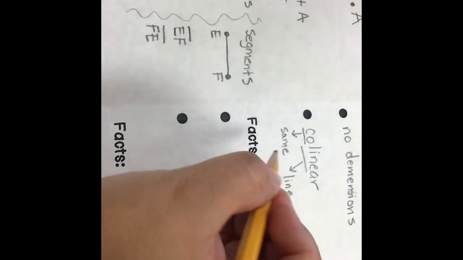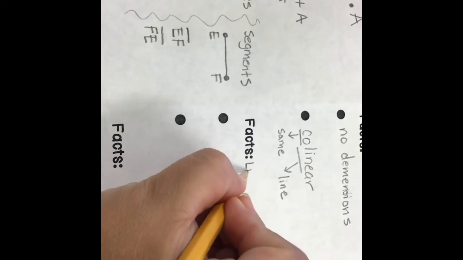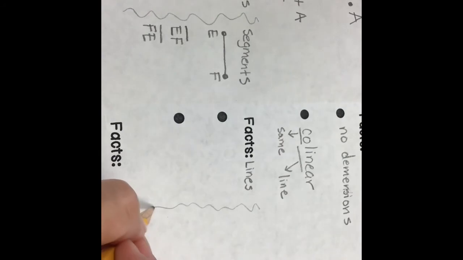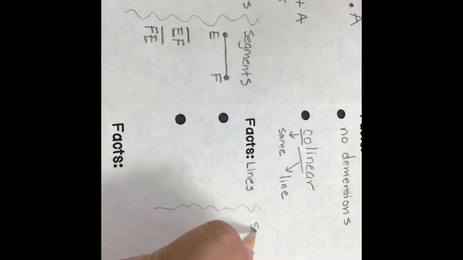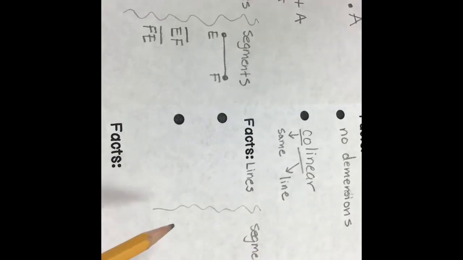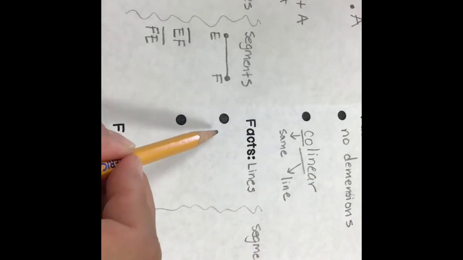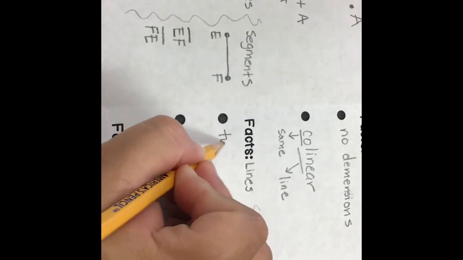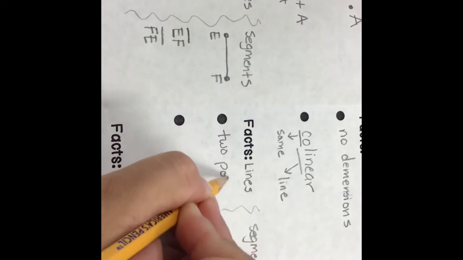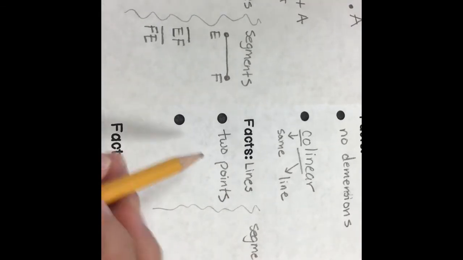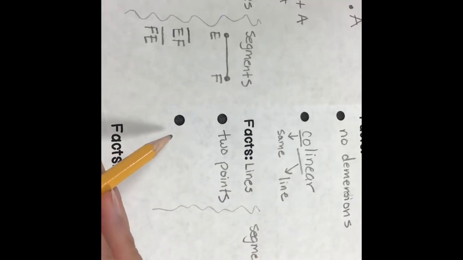Facts. So let's put lines right here and then make a separation, and then we're going to write segment. How many points do we need? 2 points. What else do we need on a line?